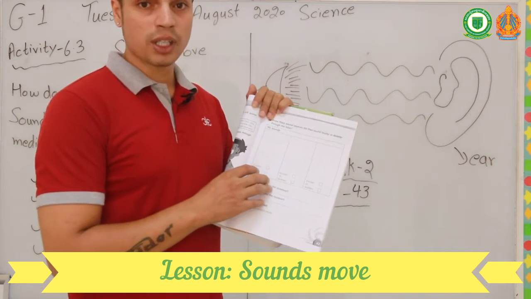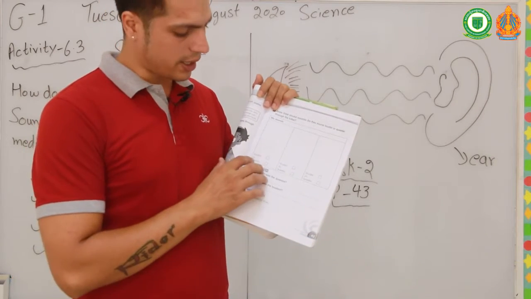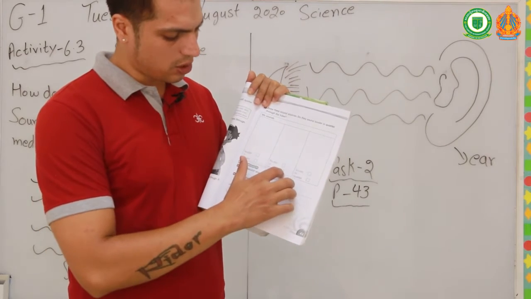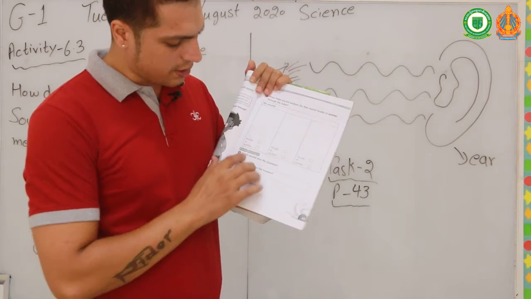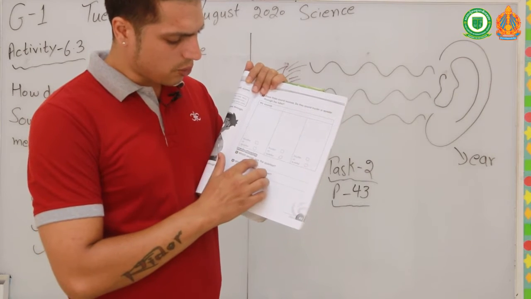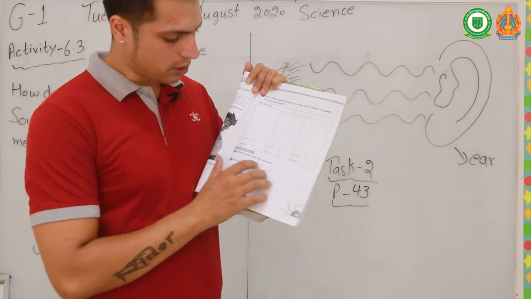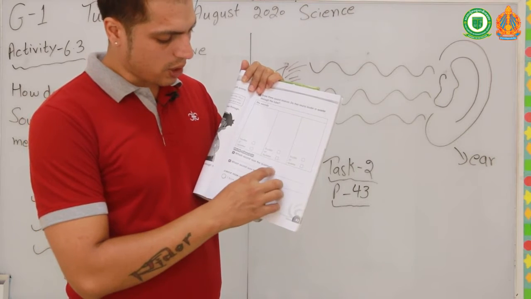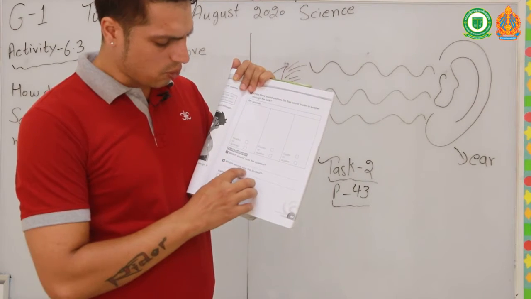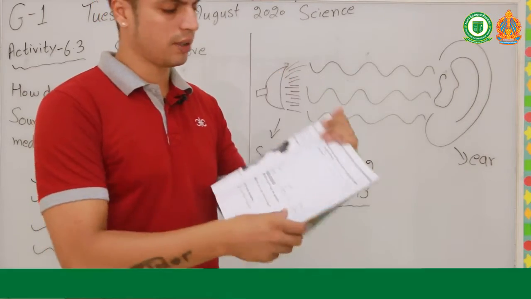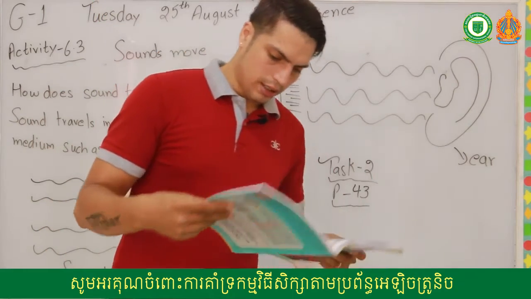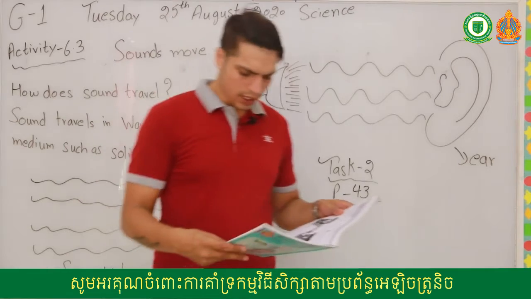Then you need to say if it's louder or quieter, then again louder or quieter, and the last one, same. And answer these questions. Which sound was the quieter? Which sound was the quietest, and which sound was the loudest? Okay, so answer these questions. So this is your task 2.